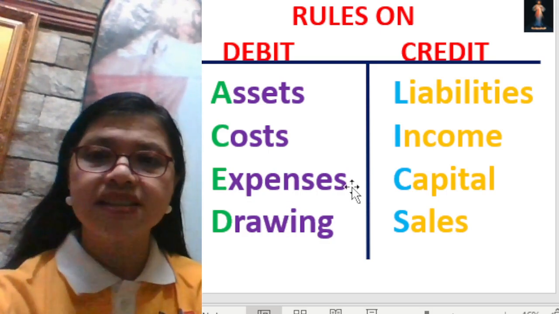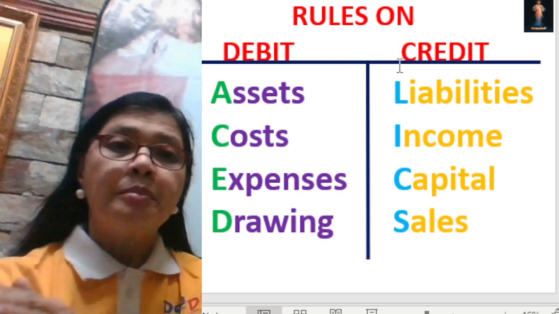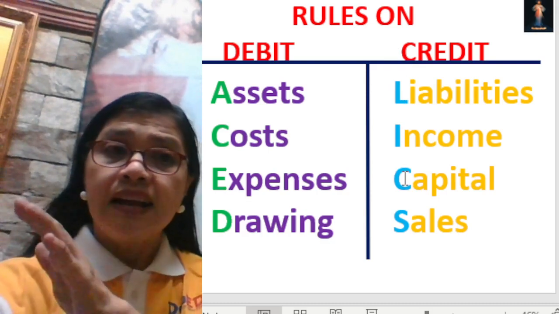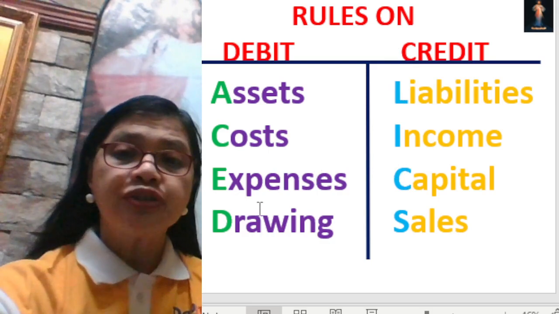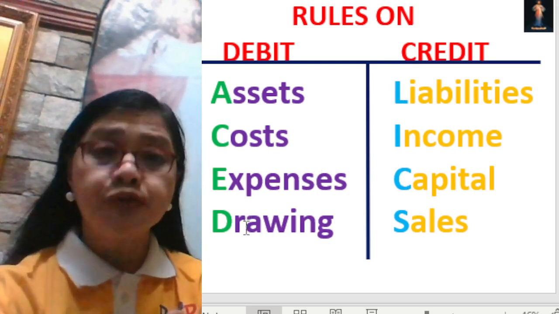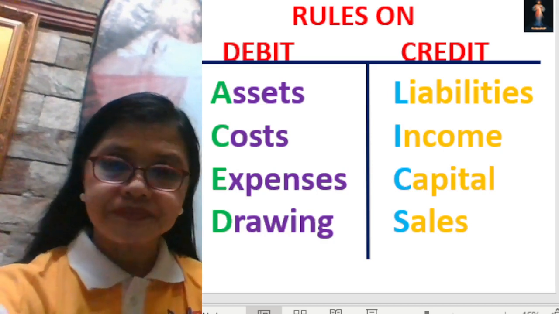Okay, my dear students? Again, capital account is on the credit side, but you need not reduce your capital account because a reduction in the capital is already in the form of drawing account, and drawing account is on the debit side.